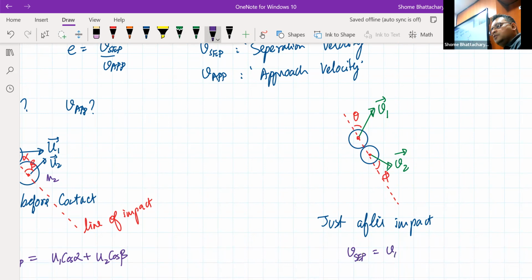So it will become v1 cos theta plus v2 cos phi. So these kind of component concepts will have to be used if the value of coefficient of restitution is given in the question, and we have to incorporate that in our calculation. Okay.